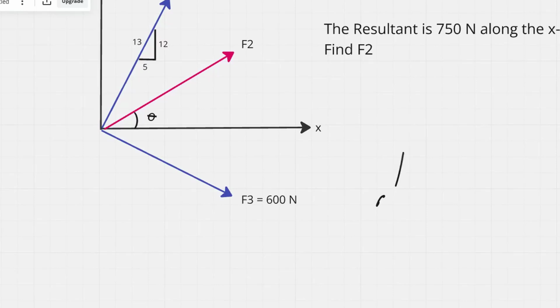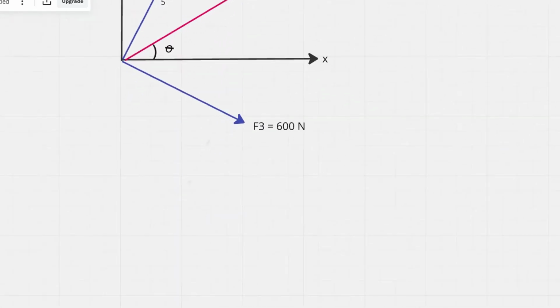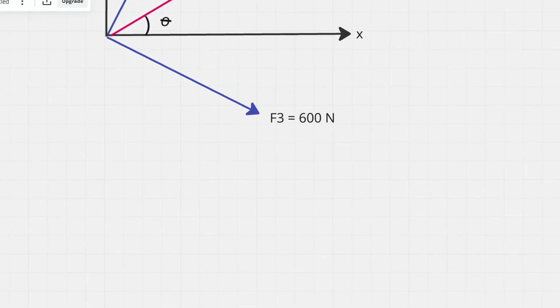So what we'll do is we'll say, this is our x direction. All right. And basically what we're going to try to do is sum up our forces in the x direction. Or let's not say that, we're going to sum up our F of x's.